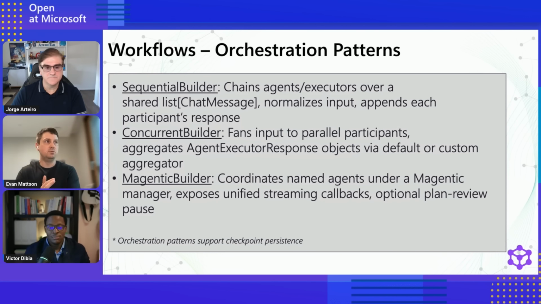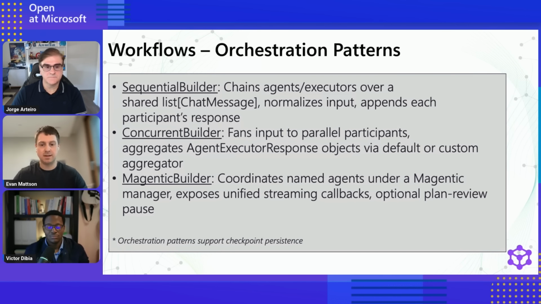So we wanted to bring in workflows as the base orchestration layer and build APIs on top of that to give you a really easy ability to configure sequential orchestration, concurrent orchestration, Magentic, group chat, and handoff, which is coming soon. So we provide these sequential builders, concurrent builders, and so on out of the box.